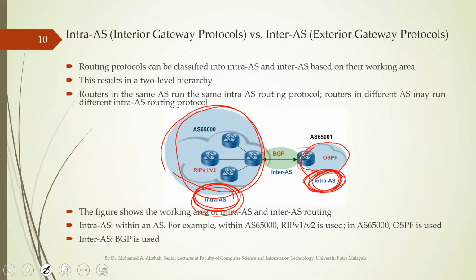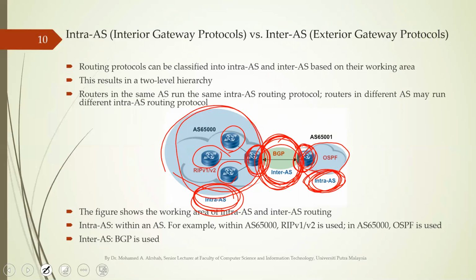And BGP, which is the inter-autonomous system protocol, is going to work only in this area. So it's not going to find paths inside this network, like for these routers and so on.